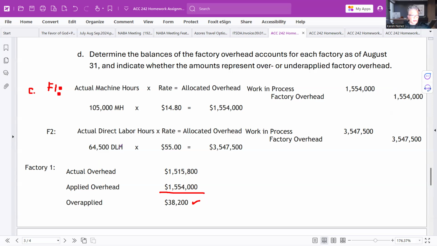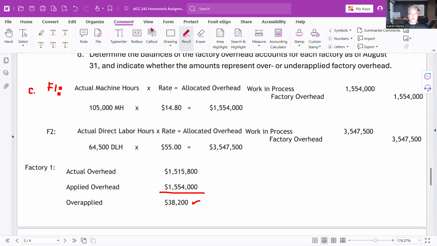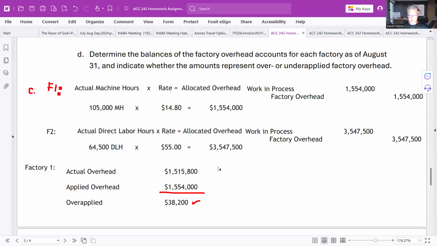What about for factory two? Again, we want to consider the actual overhead and the applied overhead. So what's the actual overhead for factory two?